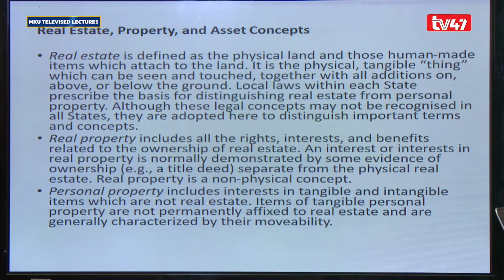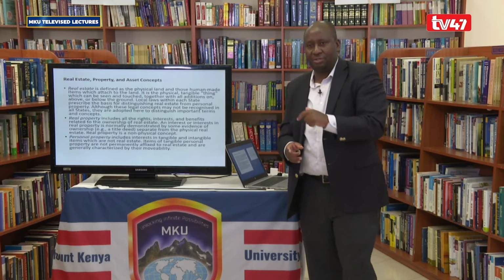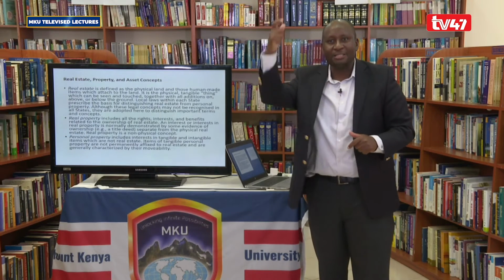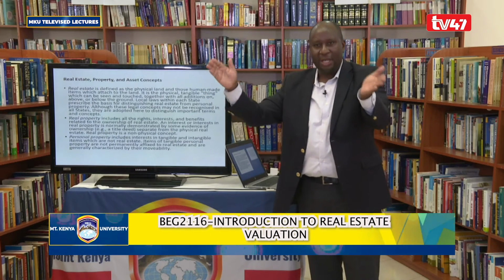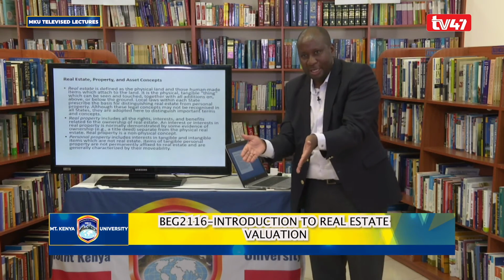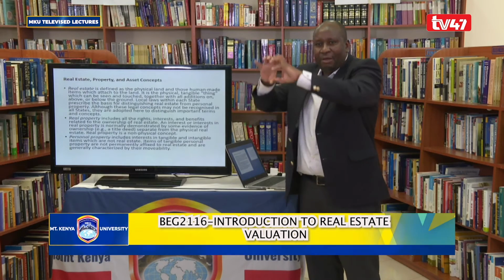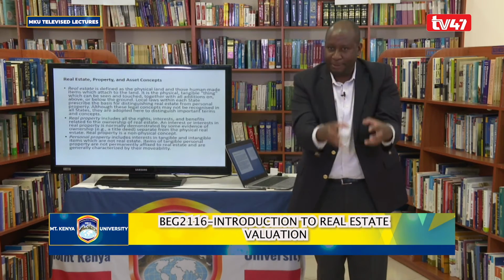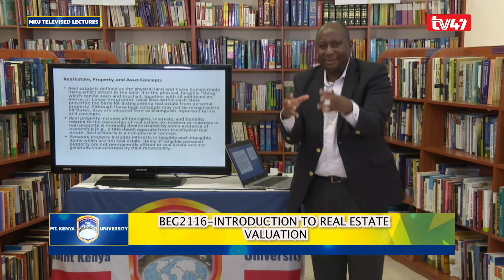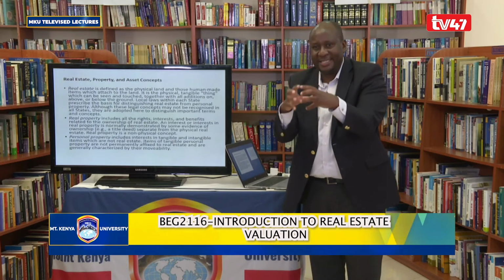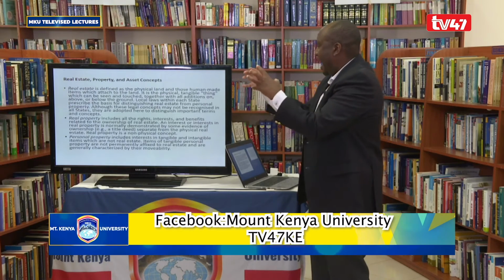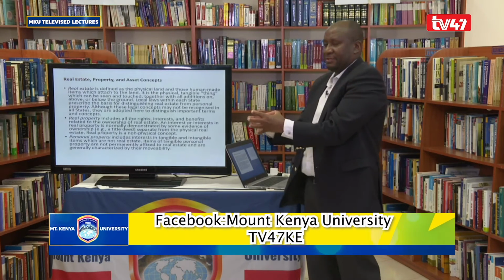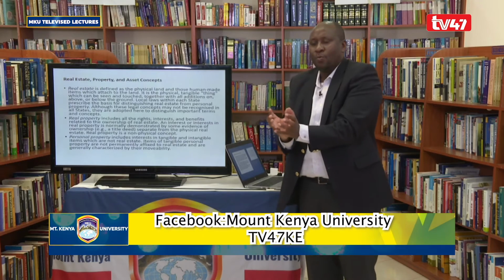So let's pause and distinguish the two. Real estate is physical and tangible. It includes the land, what is affixed on it, below it, and above it, physical. A real property is non-physical. It is the bundle of rights, interests, and benefits that are associated with that physical real estate.